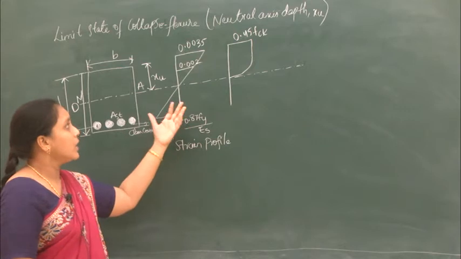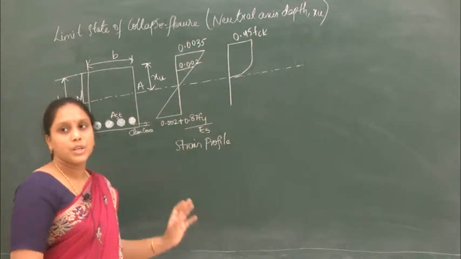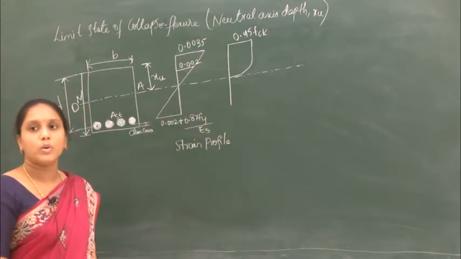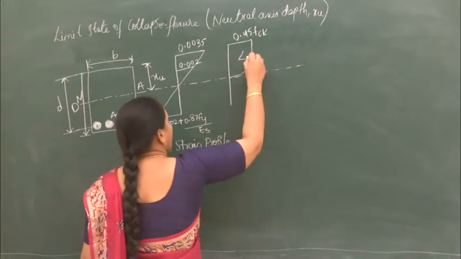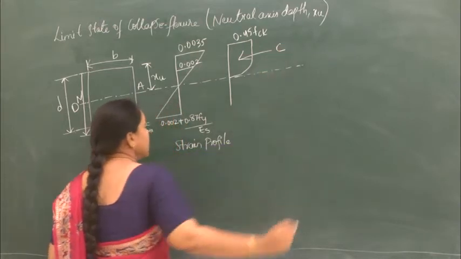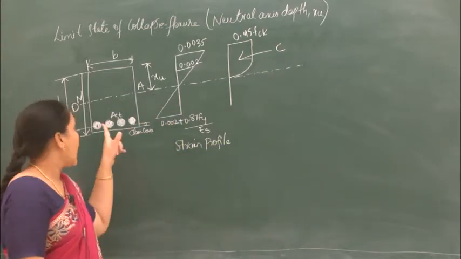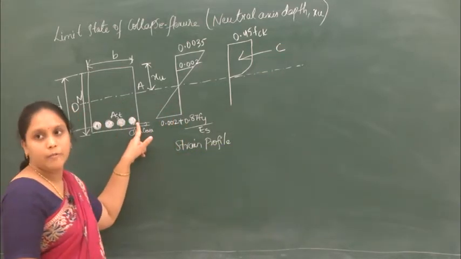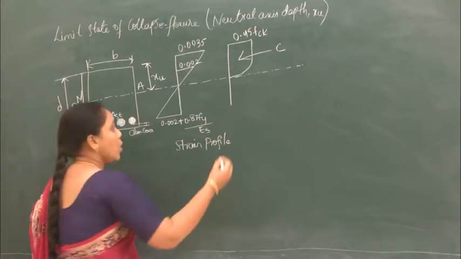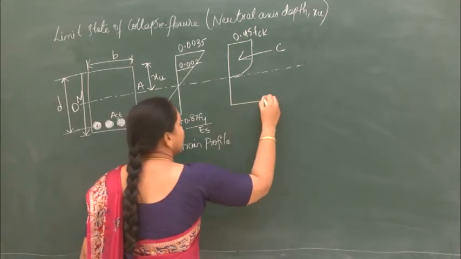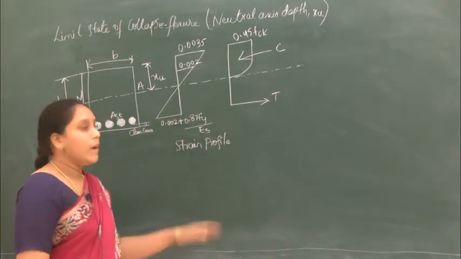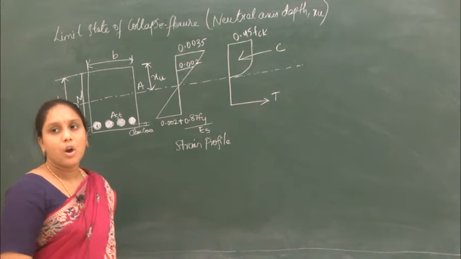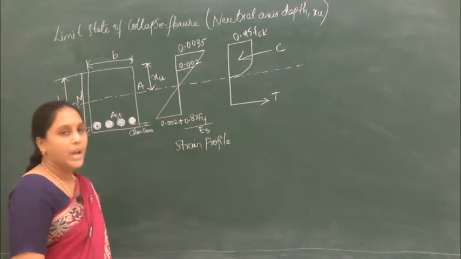So in the upper portion of the stress block, we are going to have the compressive forces. That is, here we will have the compressive forces C, and at the tensile reinforcement, that is the steel, we are going to have the tensile forces. And what will be the stress here? Already it is given in the assumptions.